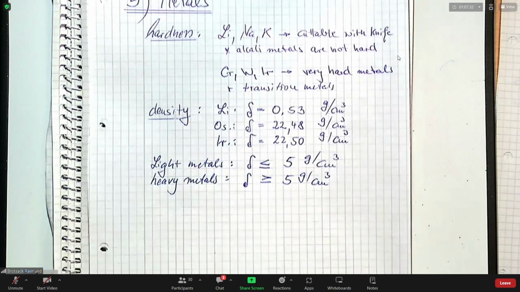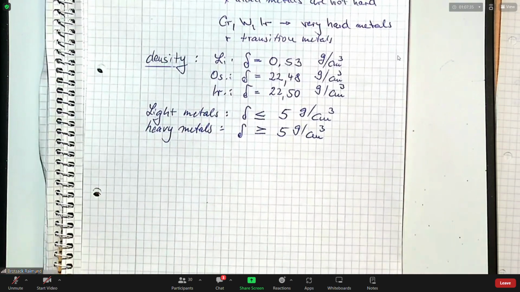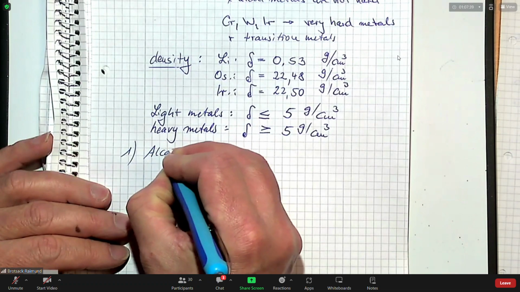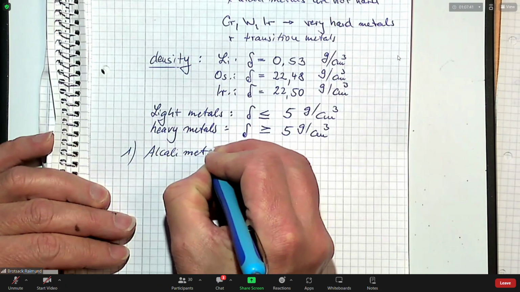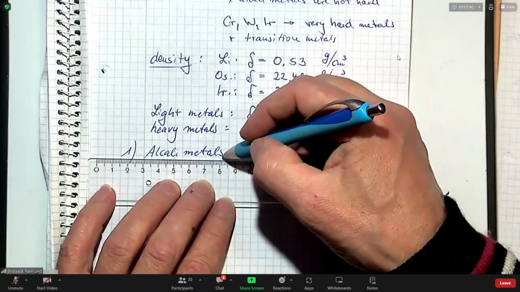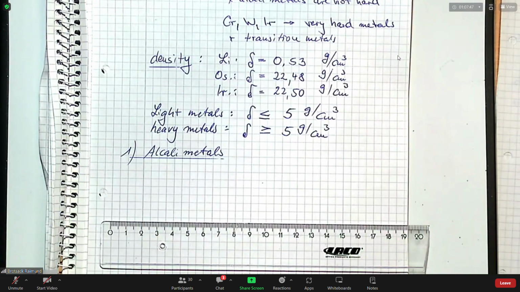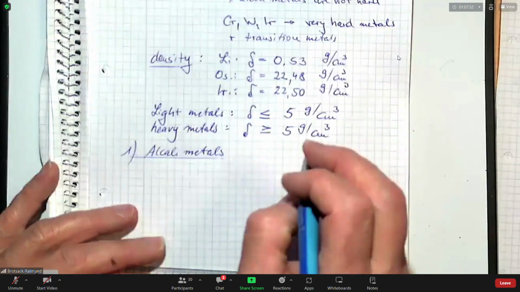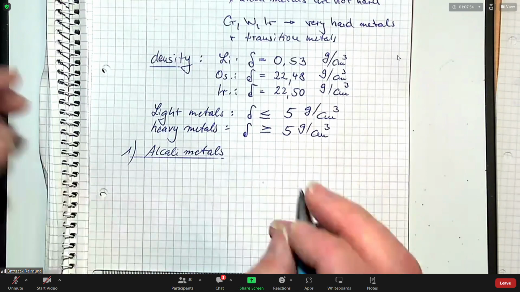Let's go through our different types of metals. First are the alkali metals. Let's talk about them. We already did it. Where can we find them? Of course, they are light, and they are in the first group of the periodic table of elements.